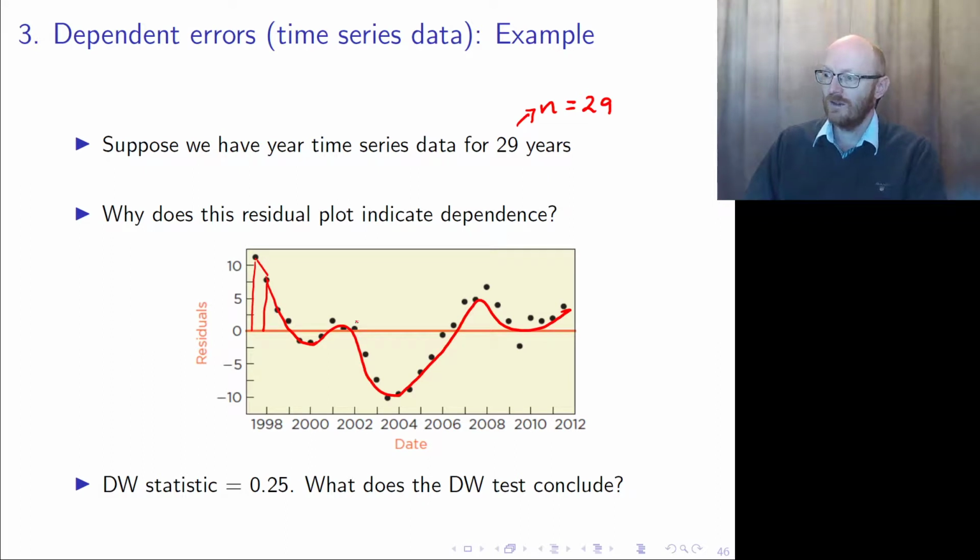Okay, so we are given the Durbin-Watson statistic of 0.25, and what does the Durbin-Watson test conclude?